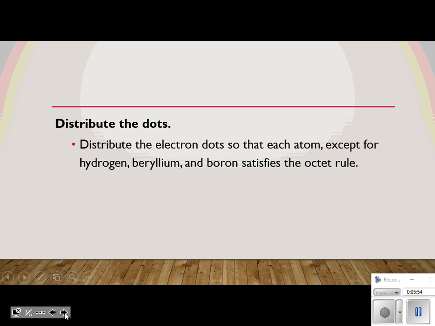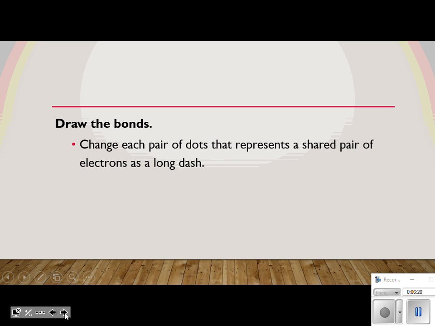The octet rule is filling the valence level with 8 electrons. Now, it says up there, exceptions to the rules: hydrogen, beryllium, boron. Those are exceptions to the rules because they do not satisfy a full octet. And we'll learn about that throughout the school year.